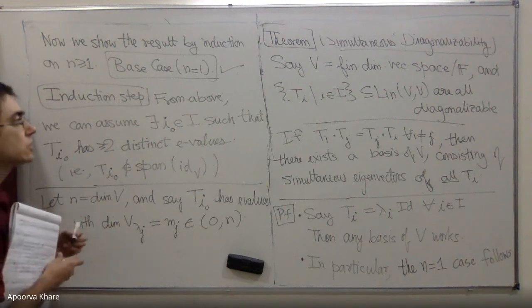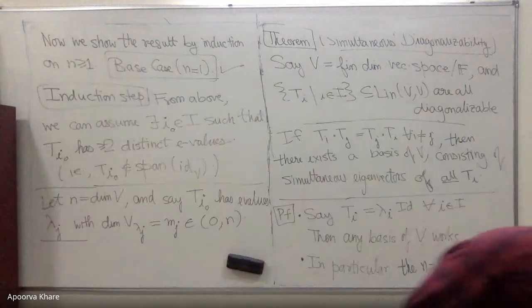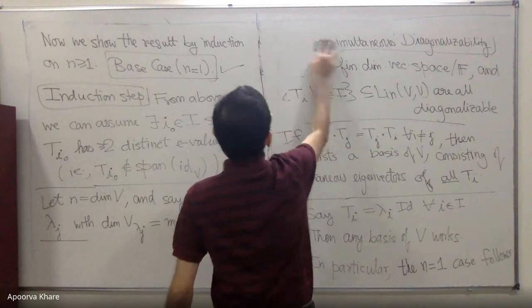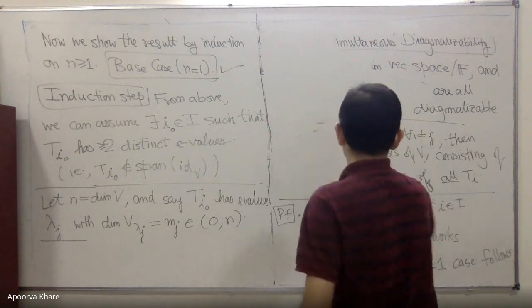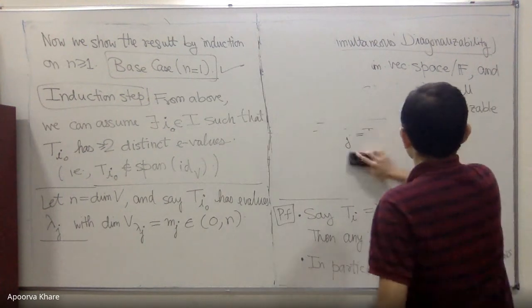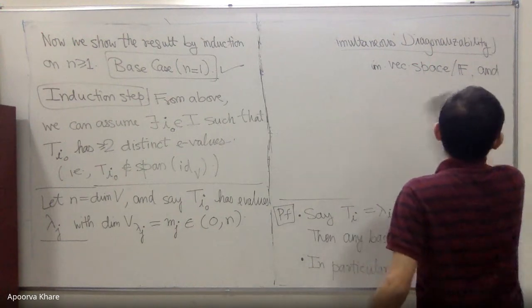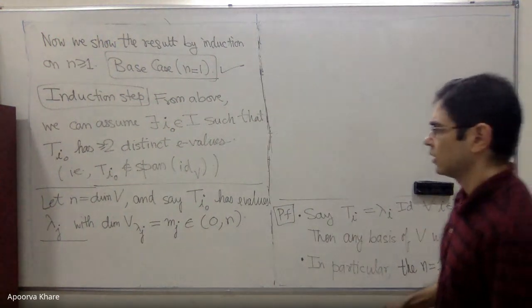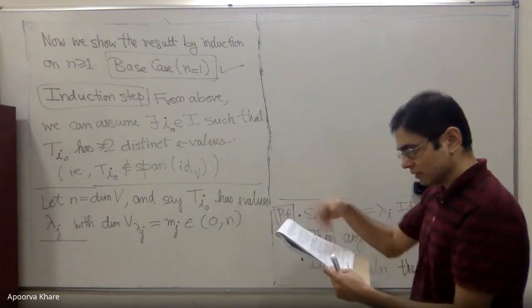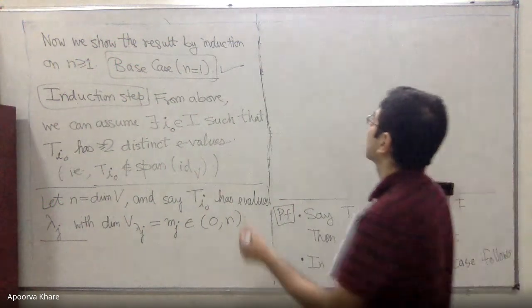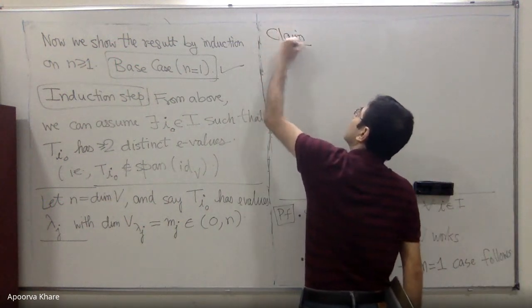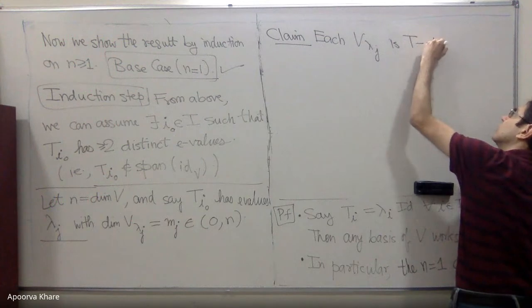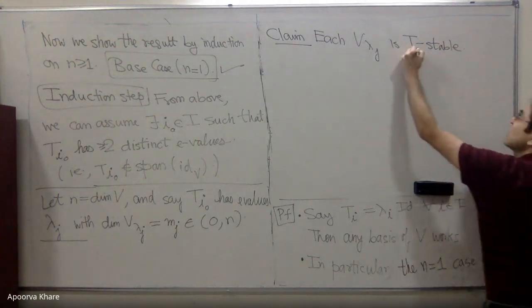So now we will look at one of these. Maybe I should first say each of these is stable. So claim: each V lambda j is Ti stable.